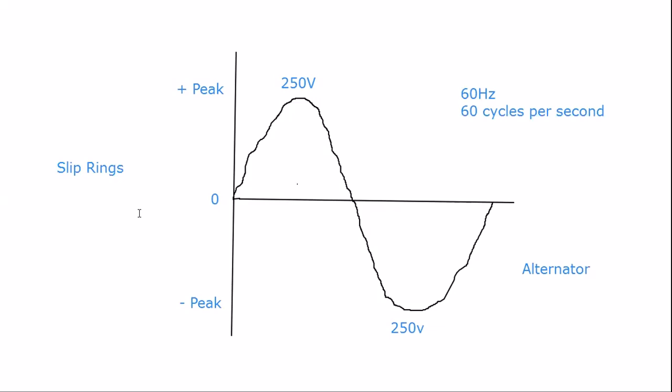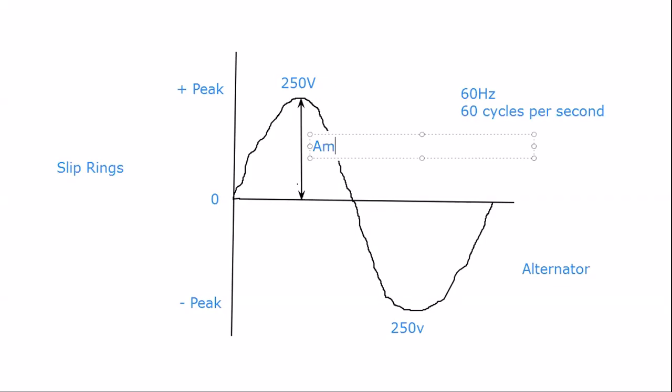Slip rings reverse the connection every time the conductor changes direction, so that the voltage will remain valid, but the direction is indicated or shown by the peak.